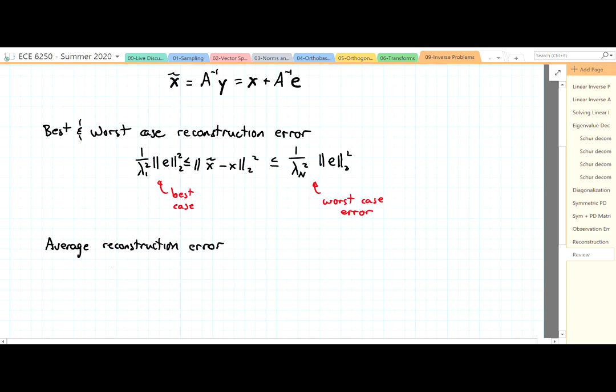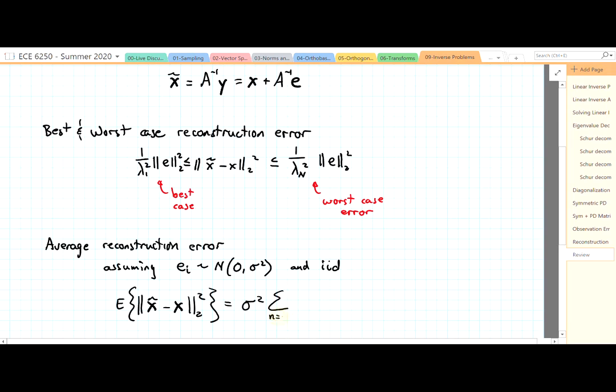And we had to assume that our Ei are normal with variance sigma squared, and IID, and we had the expectation of x tilde minus x squared is equal to sigma squared times the sum of 1 over lambda n squared.